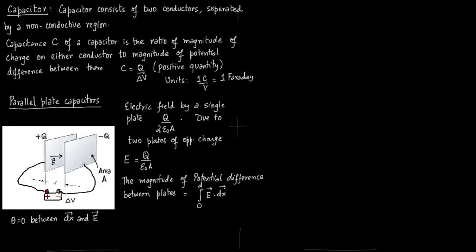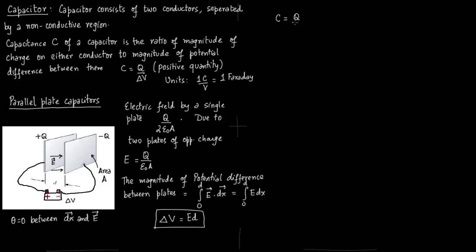You can see electric field is in this direction and so is the displacement. So you can take this as E dx cos theta. Theta is 0, so cos 0 is 1, and therefore you get delta V as E times d.